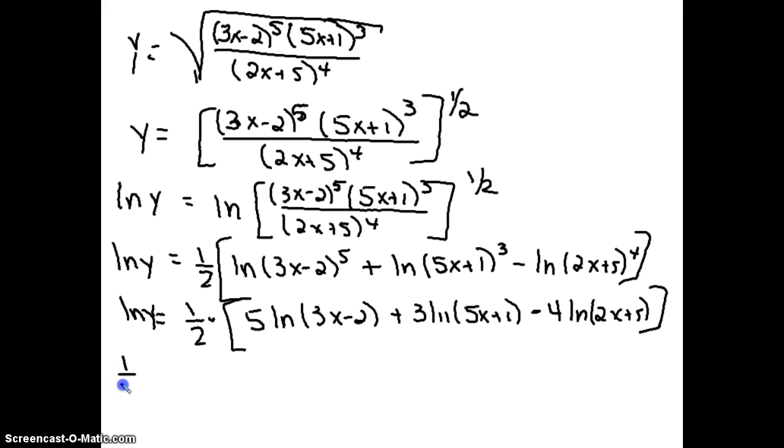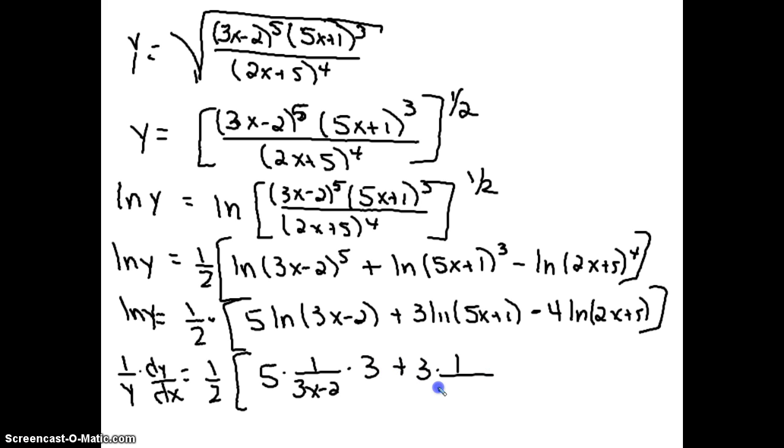I get 1 over y dy/dx equals, this is a constant, dropping down. And now I can just take the derivative of each piece. So I get 5 times 1 over (3x minus 2), because it's a natural log, times 3, plus 3 times 1 over (5x plus 1) times 5, minus 4 times 1 over (2x plus 5) times 2.